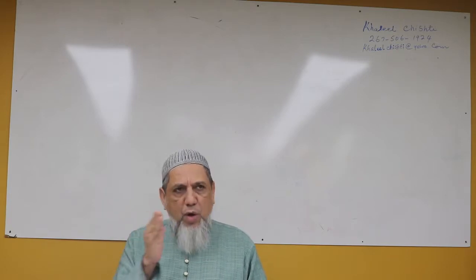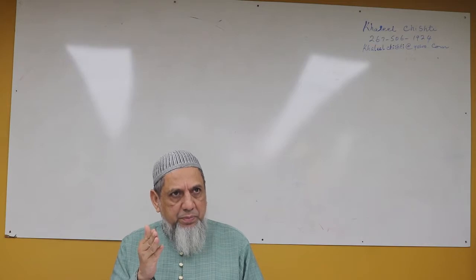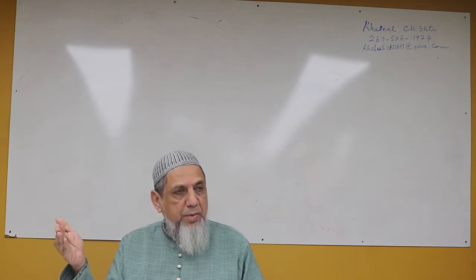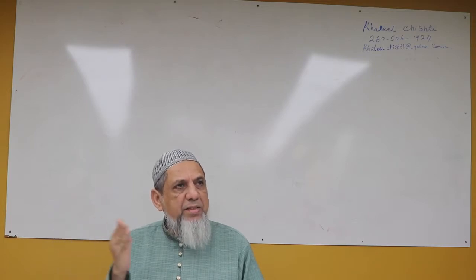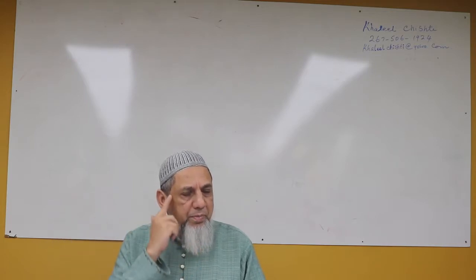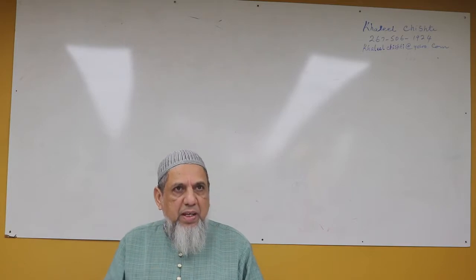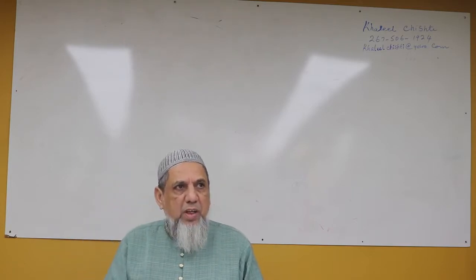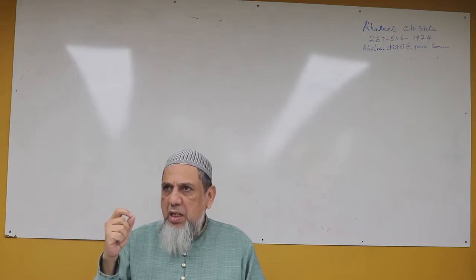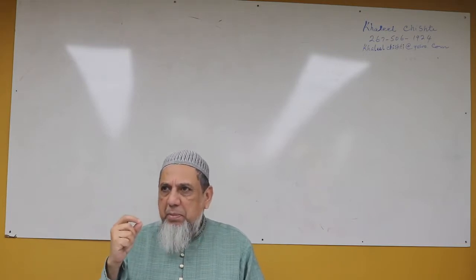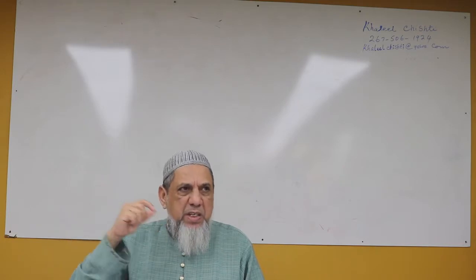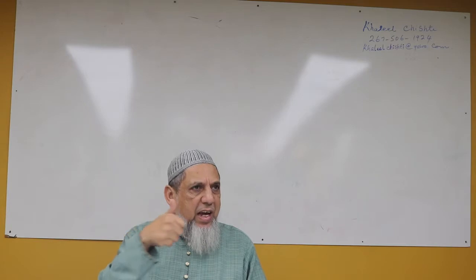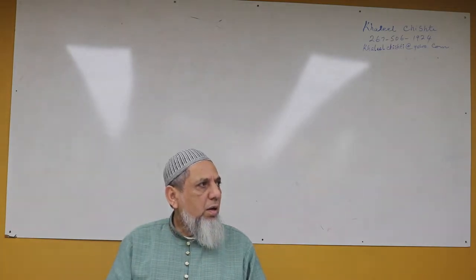So if these vowels appear after the 25 consonants, they make the sound longer, actually double. Then fatha, dhamma and kasra: ba, bi, bu become ba, bi, bu. So alif, ya and waw are vowels.